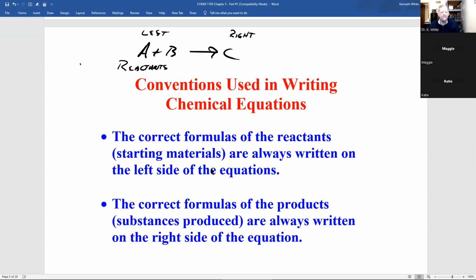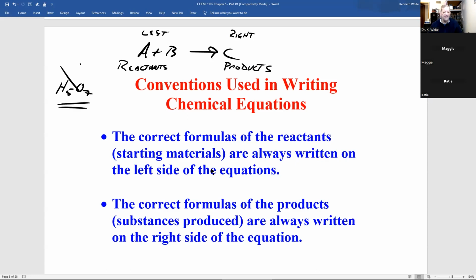And here, the correct formula of the products, that's what you're making, are on the right side of the arrow of the equation. And if, let's say, A was water, you don't write it like this.